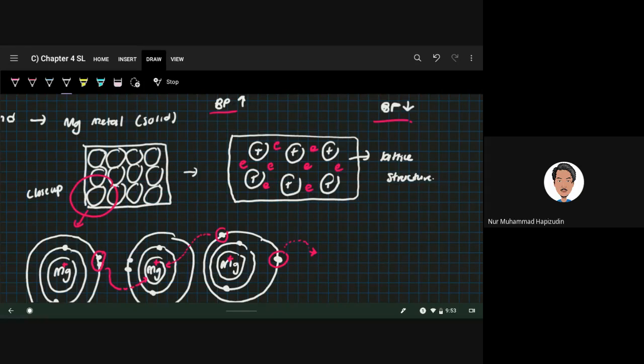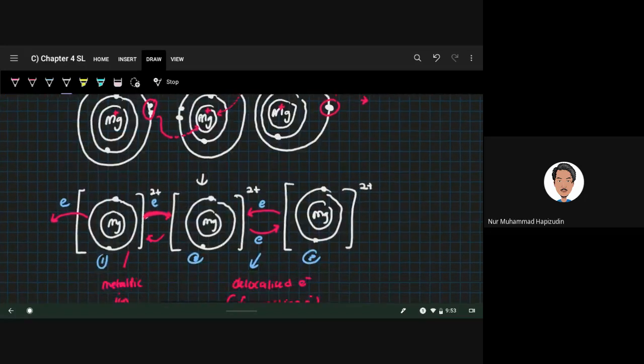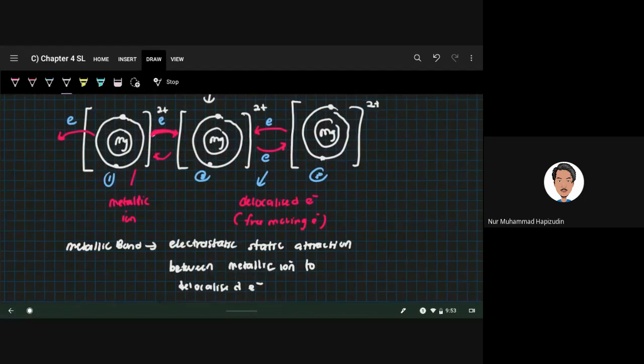Okay, it's called lattice structure because it have positive and negative particle. Okay. So kalau kamu draw the structure for metallic bond, it have metallic ion and it have delocalized electron. Okay, so this attraction is very strong.